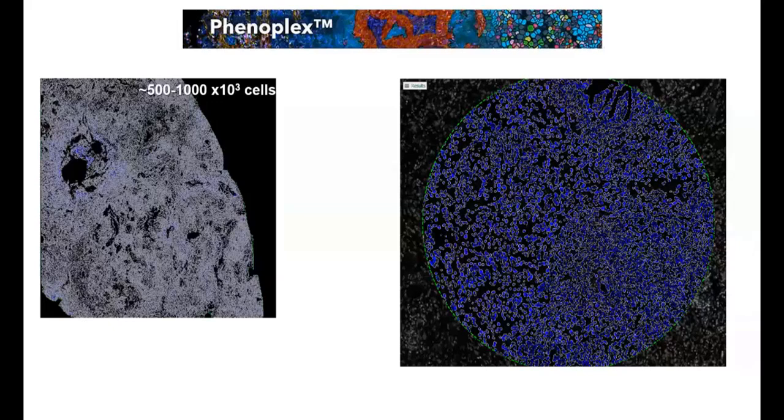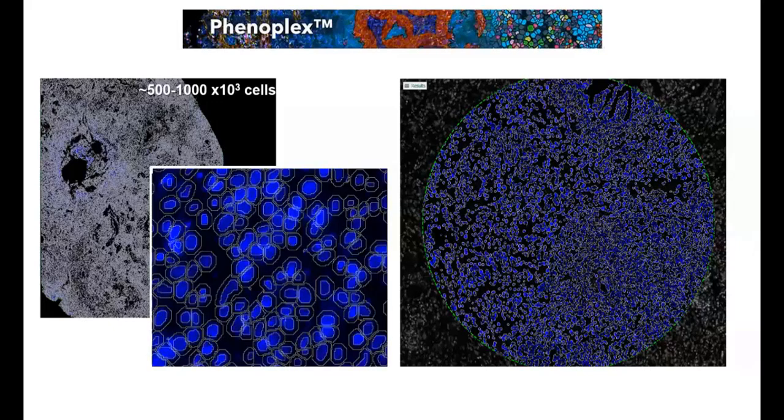And going back to the segmentation that I just described, it is beautiful how we can discriminate the signal that is only in the nucleus or in the cytoplasm or in both.